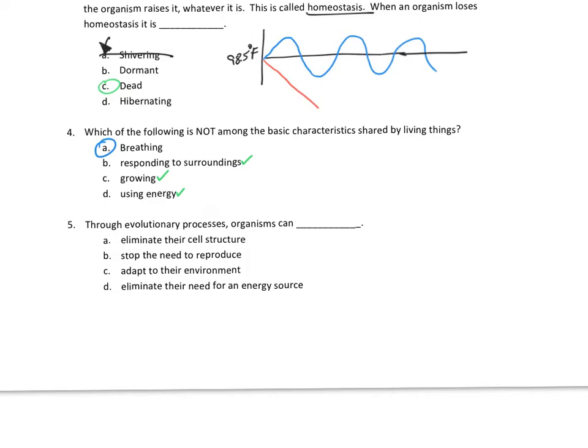Breathing. And you might say, wait a minute, we breathe, we're alive, right? Yeah, but it doesn't apply to all organisms. Bacteria don't breathe, they don't have lungs. Trees exchange gases, but they don't really breathe. They don't take in oxygen and put out carbon dioxide with lungs, right? So, all right.